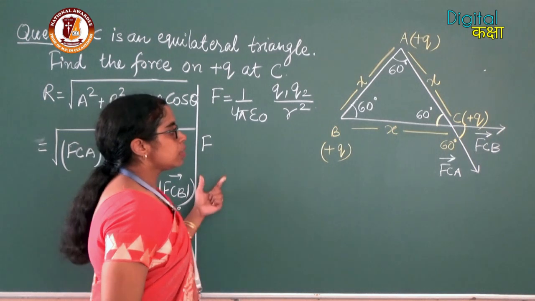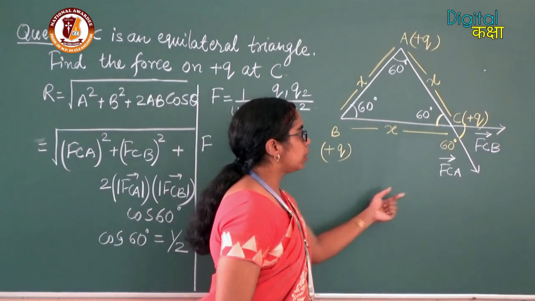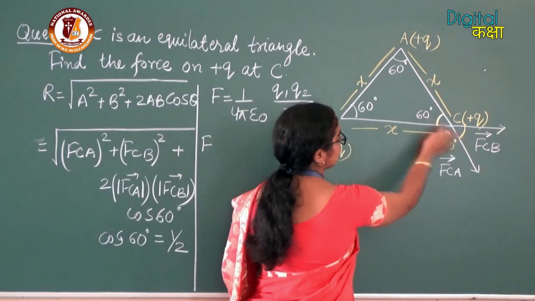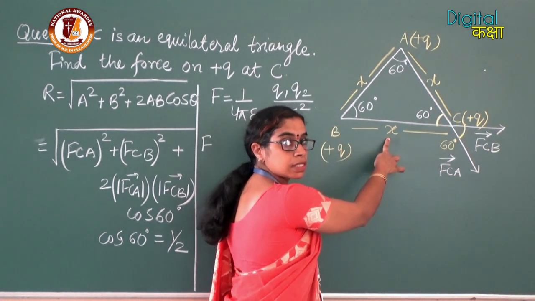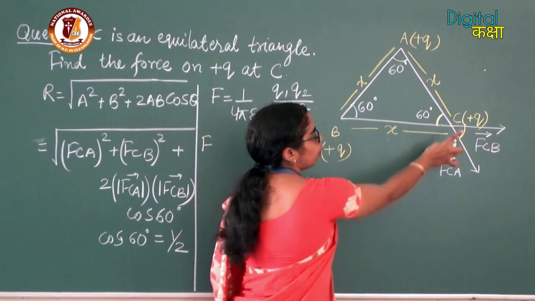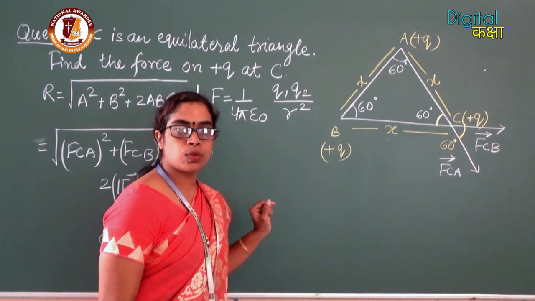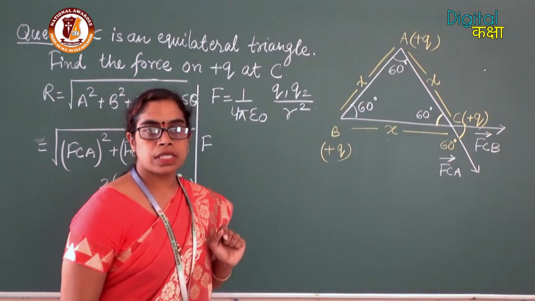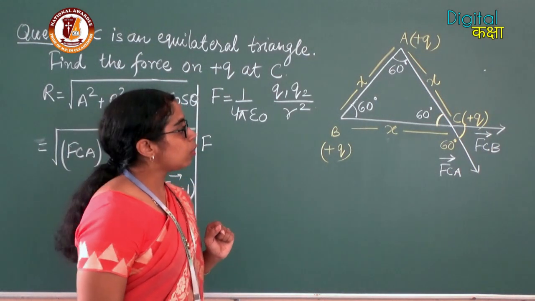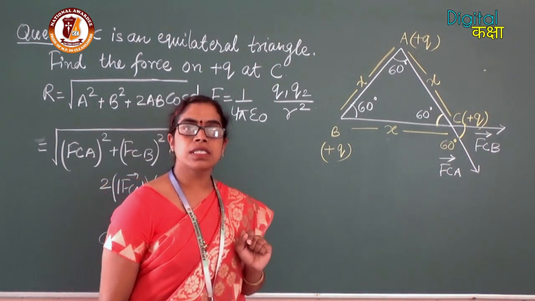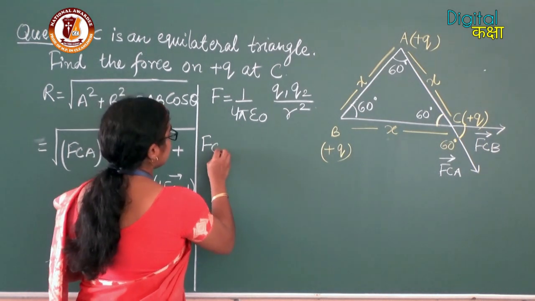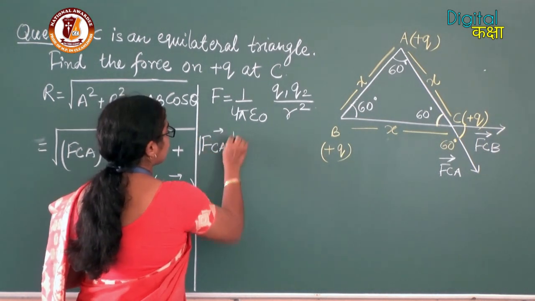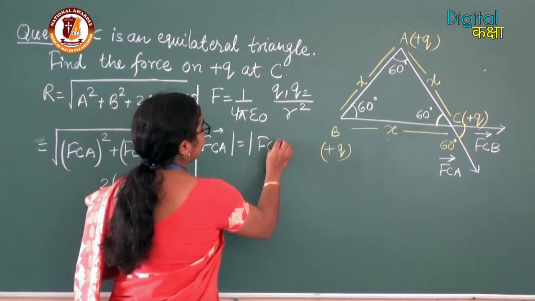Here, since it is an equilateral triangle, the charges are same, plus Q and plus Q, separated by the distance x. Similarly, at points A and C also, the magnitudes of charges are same. They are also separated by the distance x. So this way I can say that magnitude wise these two forces are equal.